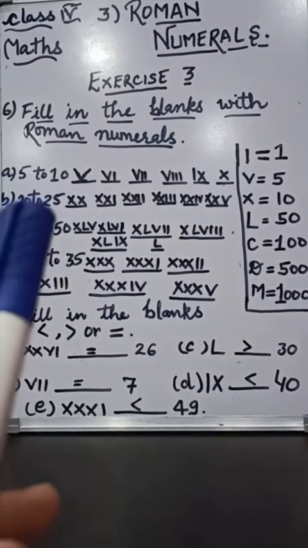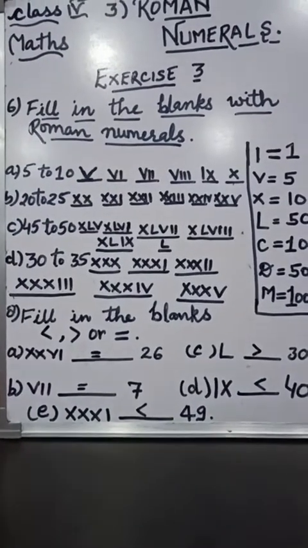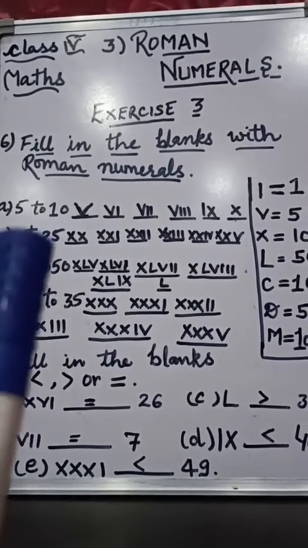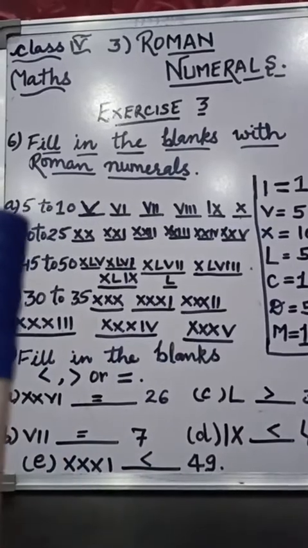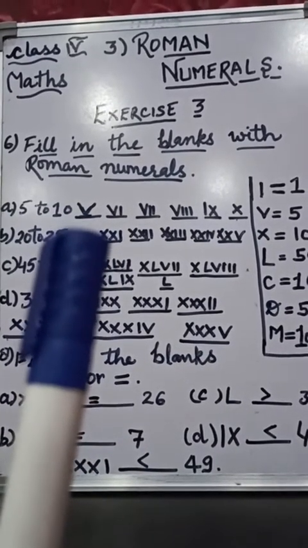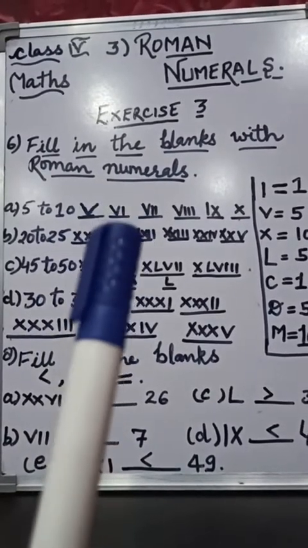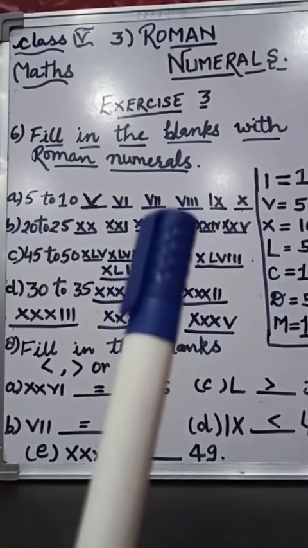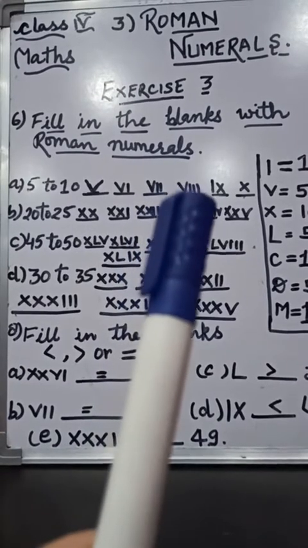So in question A, 5 to 10. Clear all of you? So we will start with 5 till 10. So 5 stands for V. Then we will write 6. 6 you will write V and I. Then 7, VII.